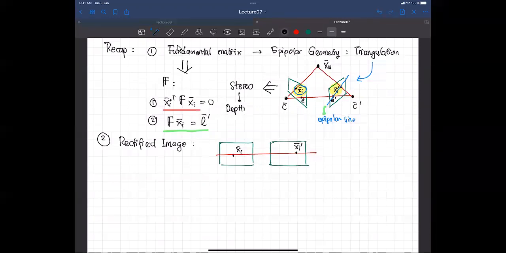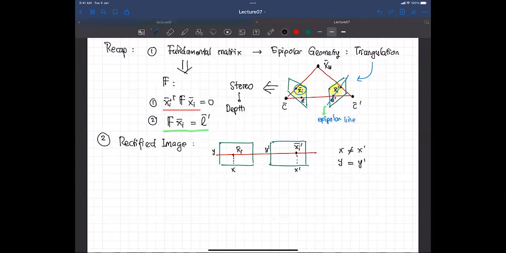It means that x and x prime are not the same, but y equals y prime. So y and y prime are the same.